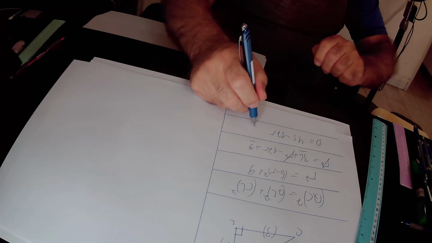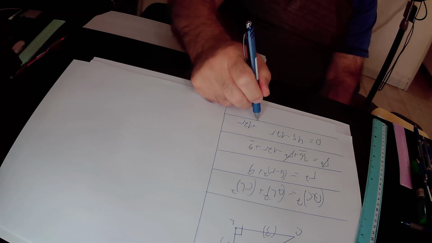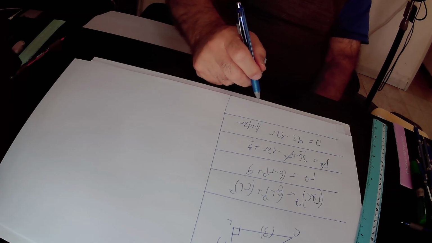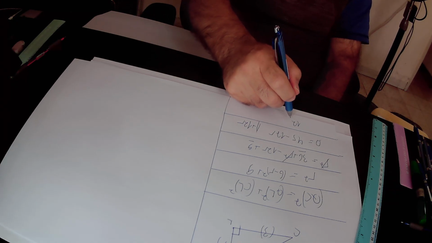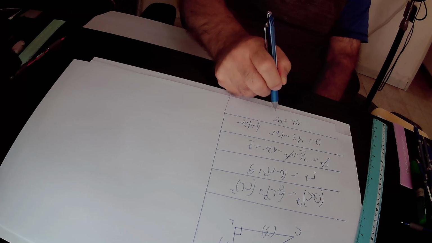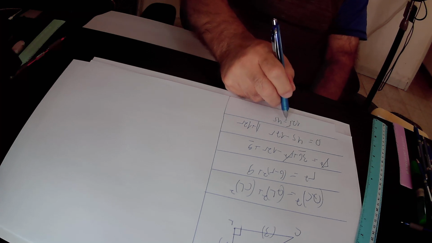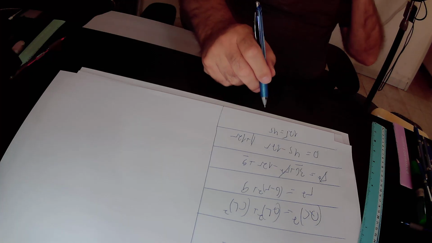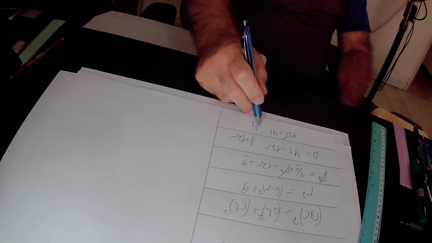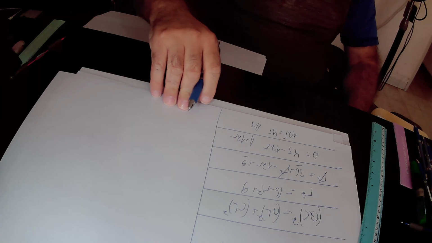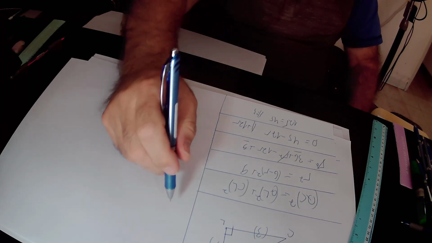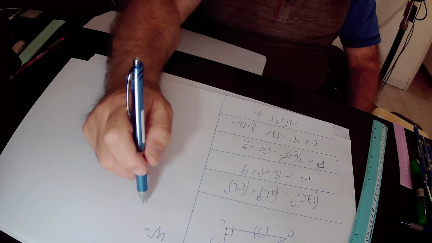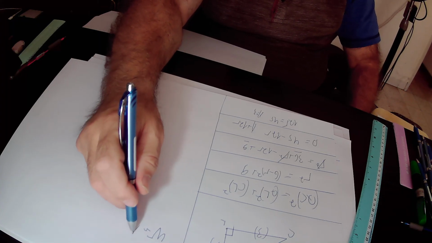You add 12R to both sides of the equation. Finally, we get that 12R equals 45. And divide this equation by 3. And finally, we get that 12R over 3 is 4R, and 45 over 3 is 15.